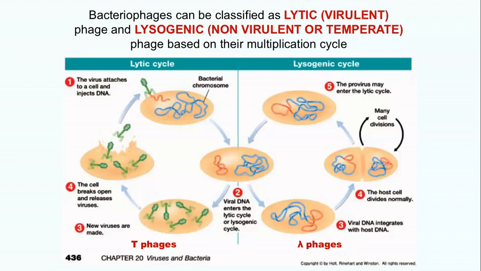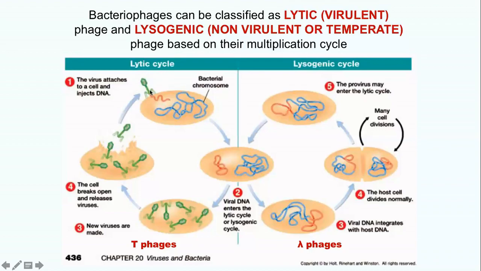But there are certain times when it gets certain shocks, maybe some nutrition deficiency or a temperature difference. At that point, the provirus or the prophage undergoes a process known as induction. During induction, the viral genetic material detaches itself from the bacterial DNA and then enters into the lytic cycle.